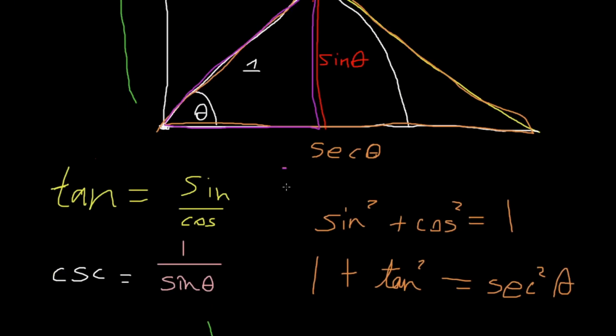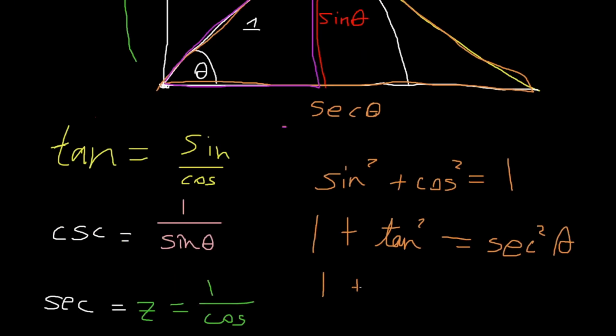And here's another. 1 plus cotangent squared is equal to cosecant squared.